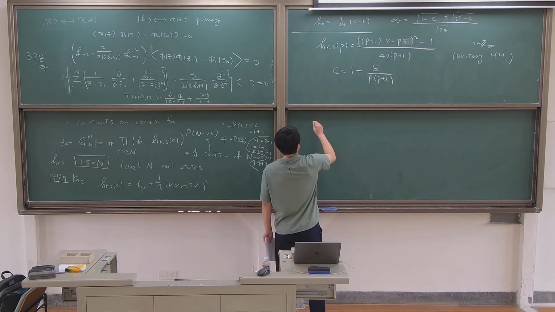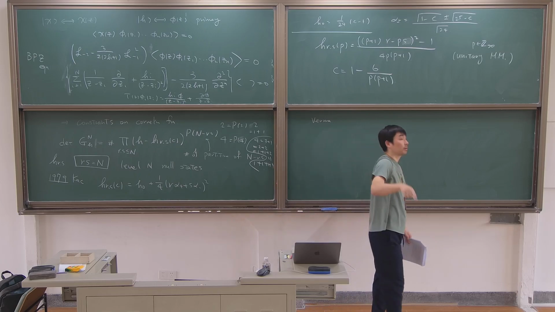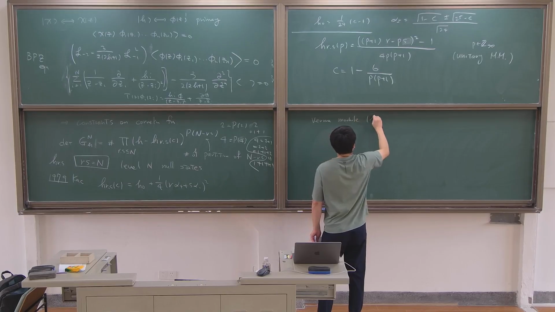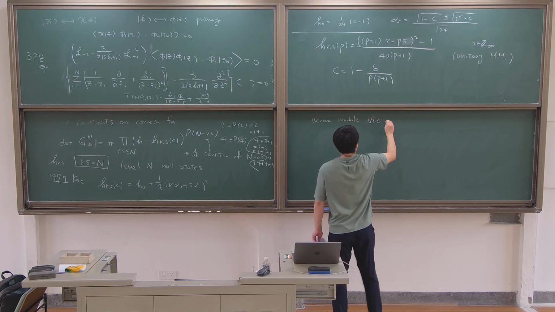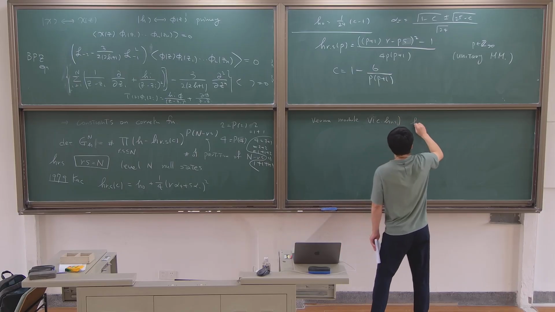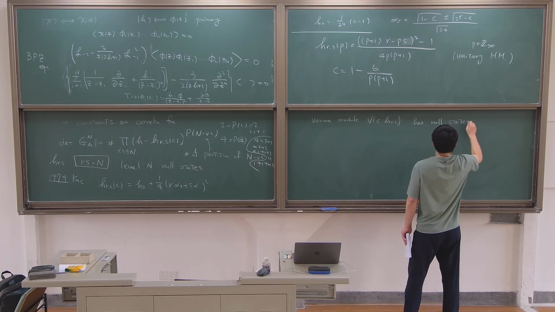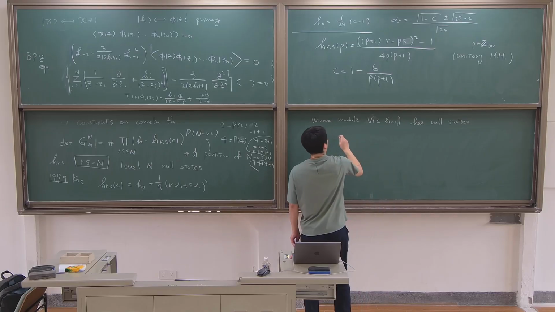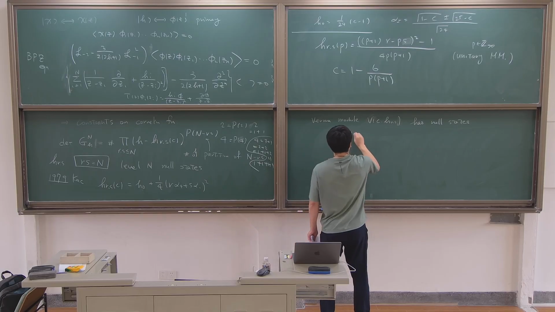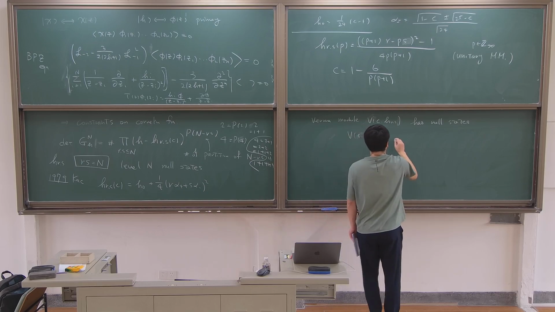So if the Verma module on this curve, the one module B, C, H, or S, has a null state, this means that the module has a representation B, C, H, R, S, which is called reducible.